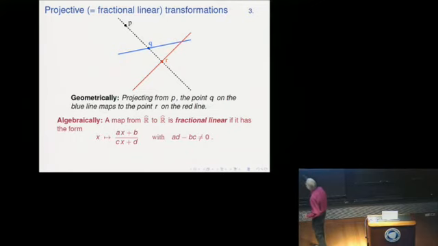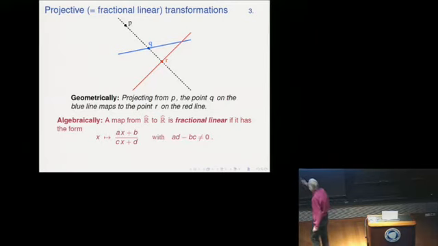And these two definitions are more or less equivalent in some sense, but this is much more convenient because we can compose these things directly to form a group, whereas if we're working with lines, we'd have to consider many different lines, and it would be a more awkward construction. But if you just choose natural coordinates on Q and R, you'll find that it amounts to this kind of formula.